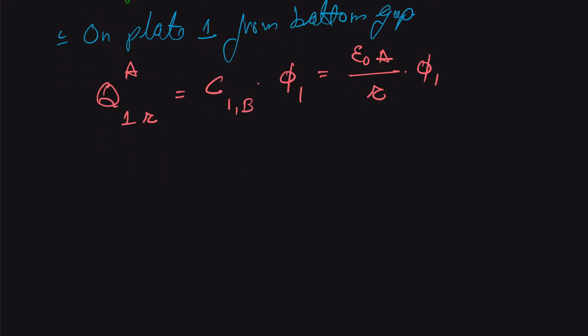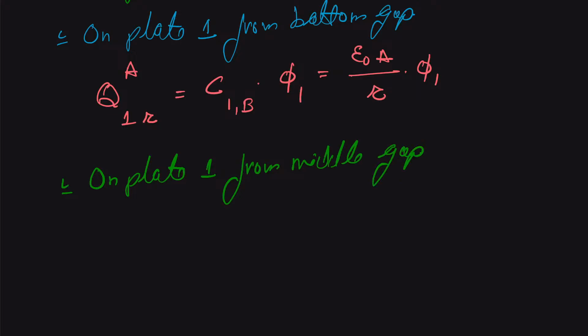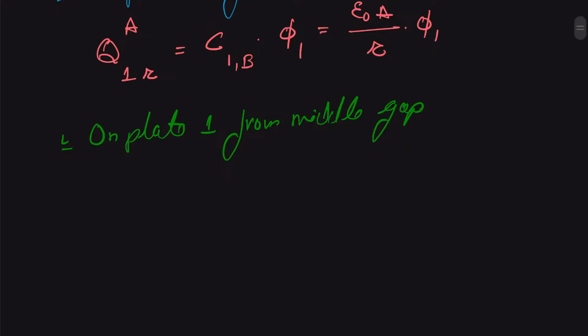Now we come to its second part, that is on plate 1 from the middle gap. Same equation we are going to write, but the variables are going to change. So plate still is 1, the middle gap is given as our S, and we are dealing with part A. And that will be equal to the capacitance between plate 1 and plate 2 multiplied by the voltage.